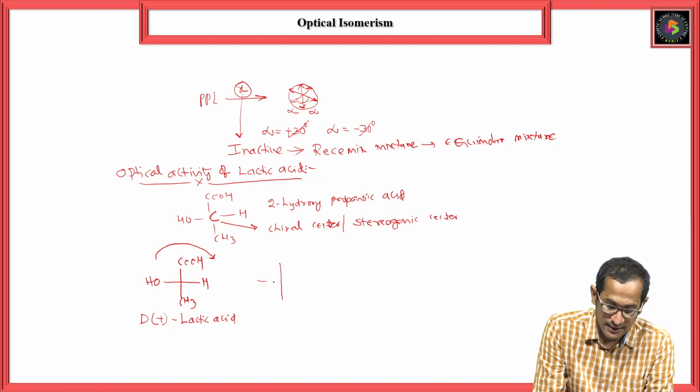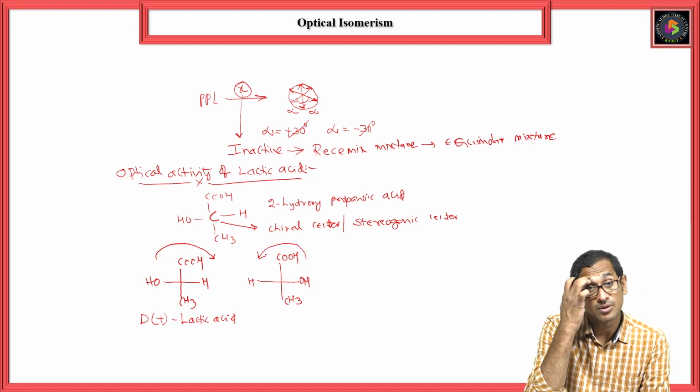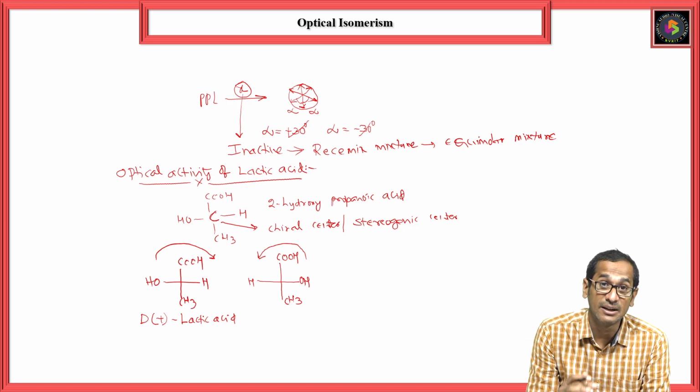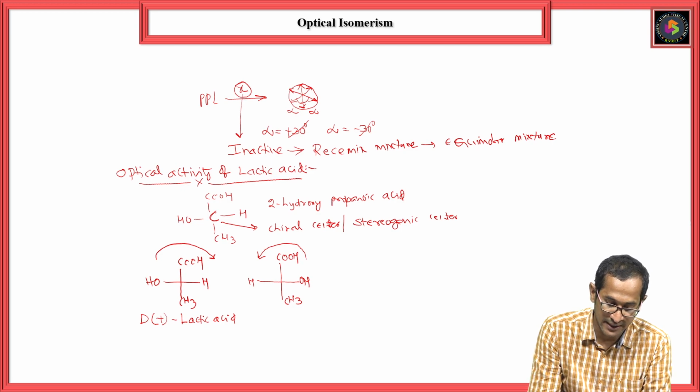In the second case, the same is explained with respect to the OH group. Now the compound rotates the plane polarized light towards the left side, in the counterclockwise direction.